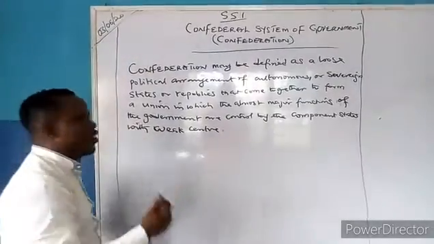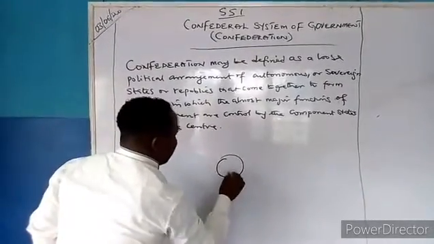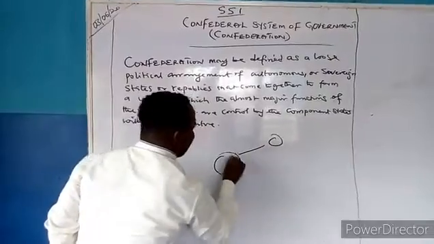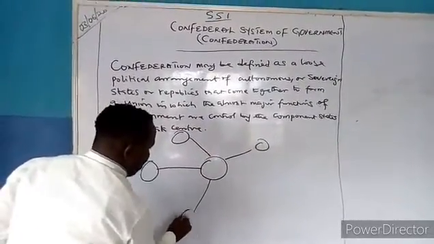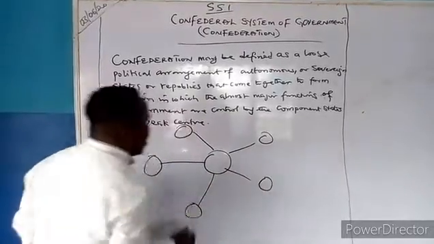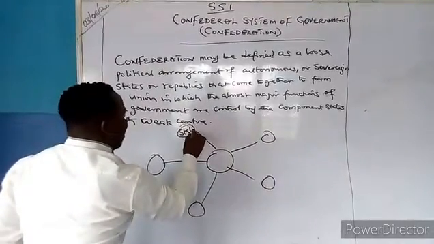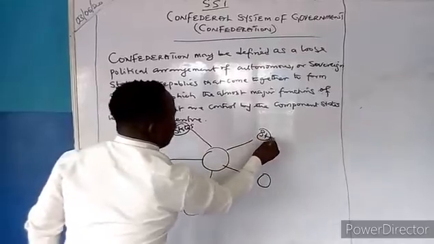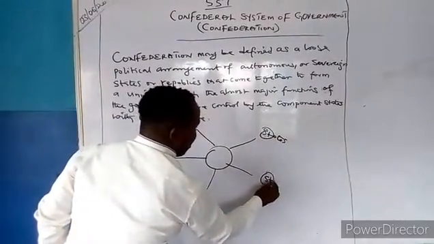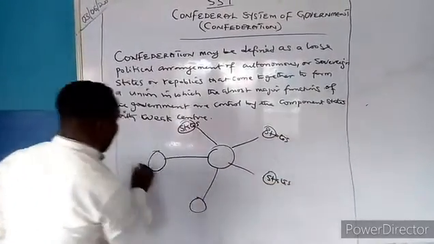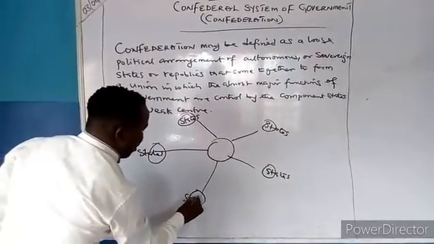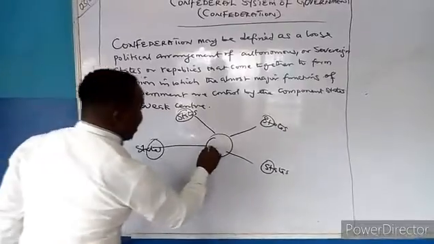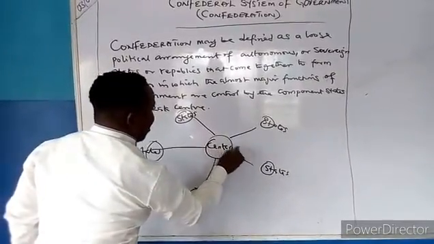Let me use this diagram to explain the definition. These are states, and states, while this is the center.